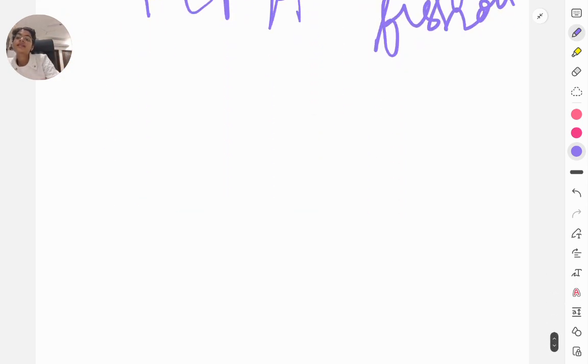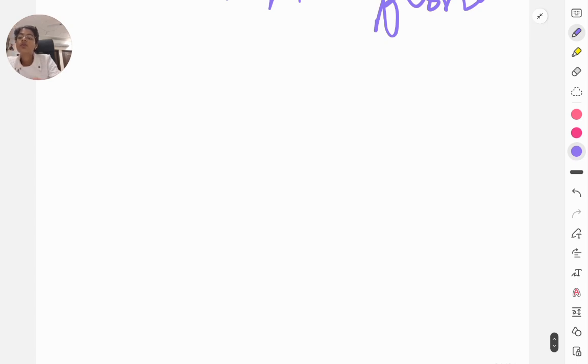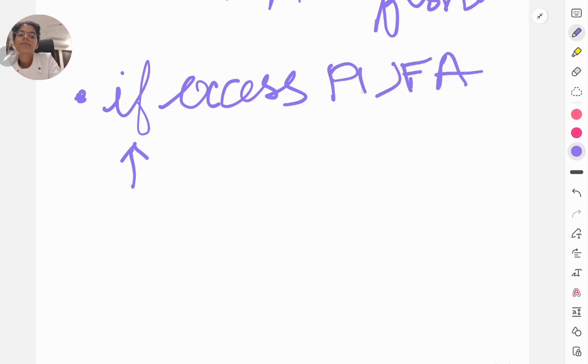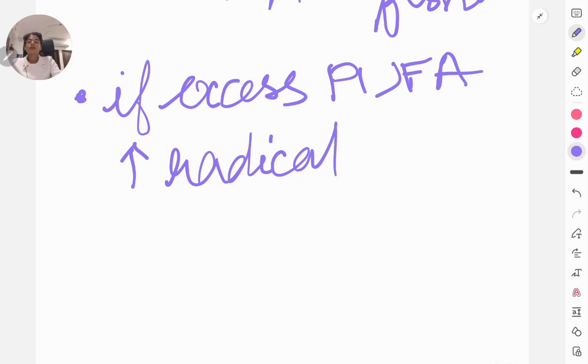But if there is excess PUFA, then it would be causing... Now we saw that in deficiency there is scaly dermatitis, but if it's excess, then it causes more radicals, thereby it causes damage to the cell. Thereby it is said that it should be accompanied by antioxidants like carotene, vitamin E, so that it's not injurious to the cell.